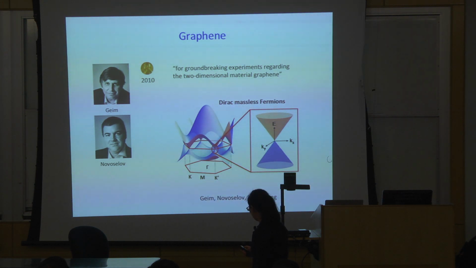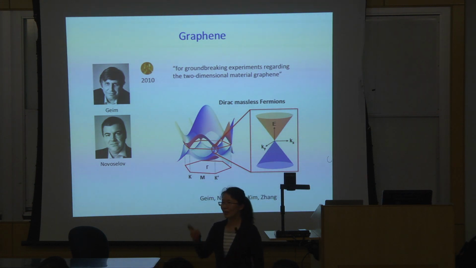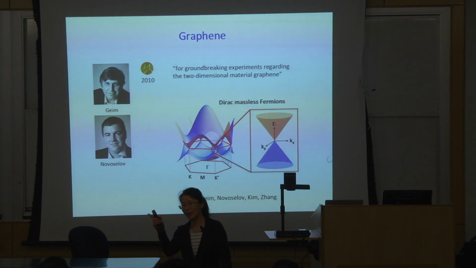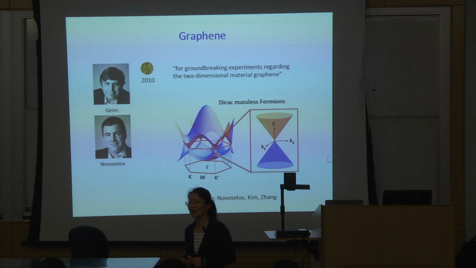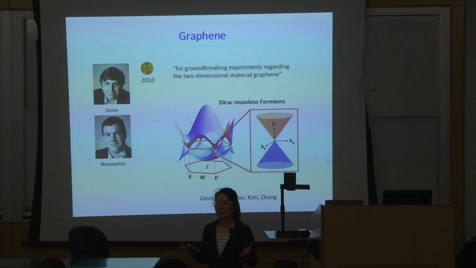So at the time, when I visited Columbia, when I spent a year with Joshua and Professor Tony Heinz, it was around 2009. So the question at the time was, is the 2D business over?